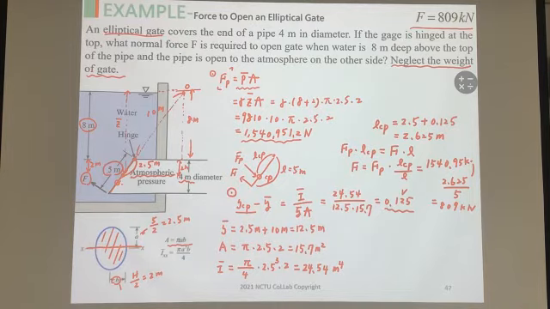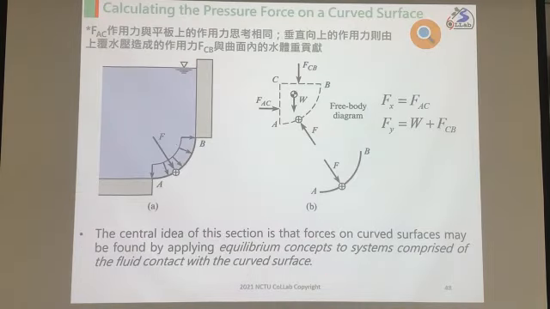Okay, so this is a very good exercise, and now you know how to apply the hydrostatic idea to spillway design. Not every exercise is for a flat plane. The example I show here is for a curve.